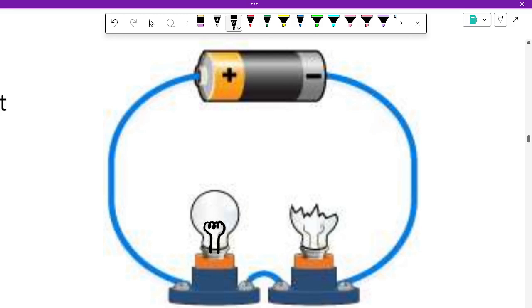And over here, the wire is broken. If it's broken, do we have a complete pathway? No. So what do we call this kind of circuit? It's called an open circuit or an incomplete circuit.